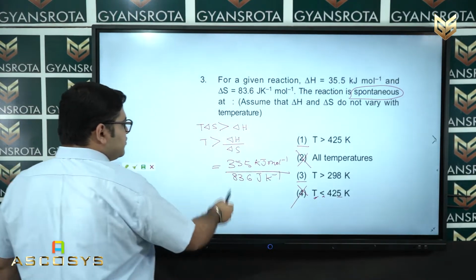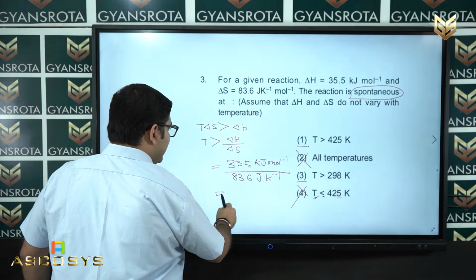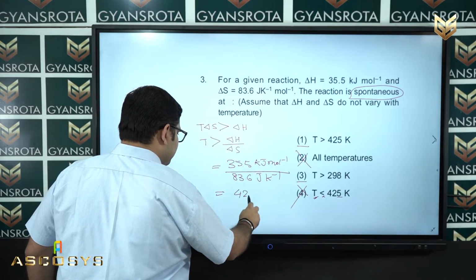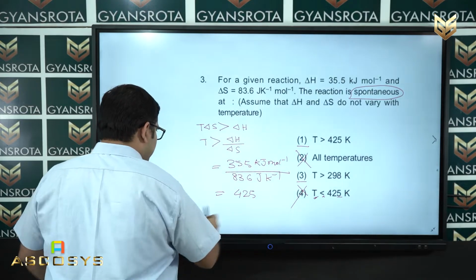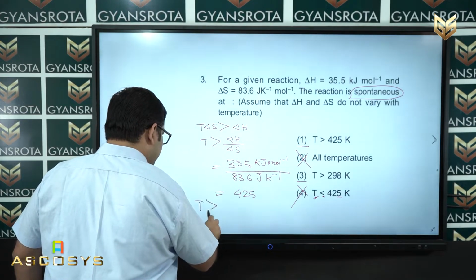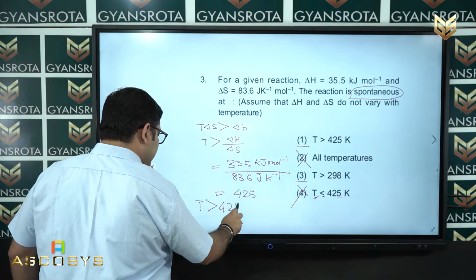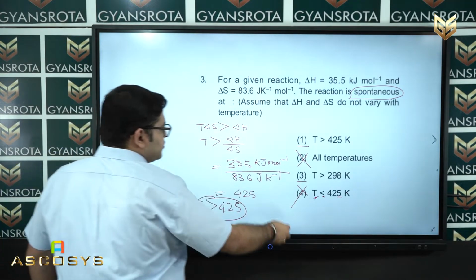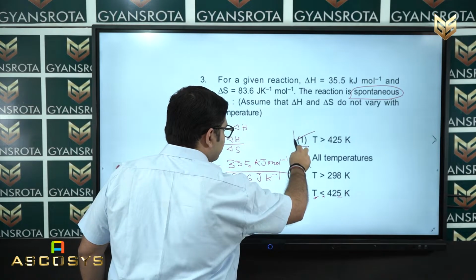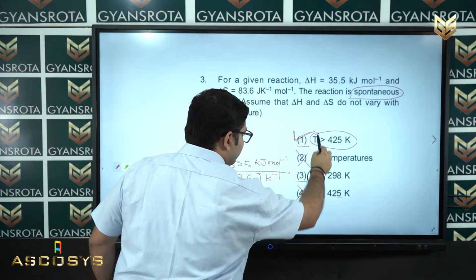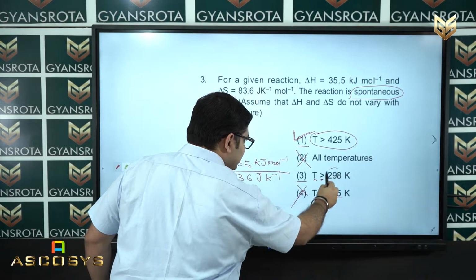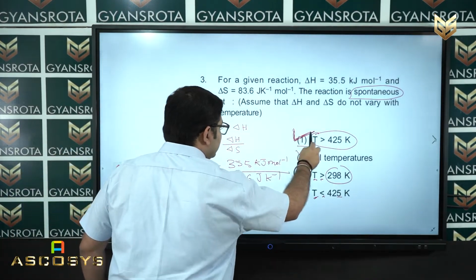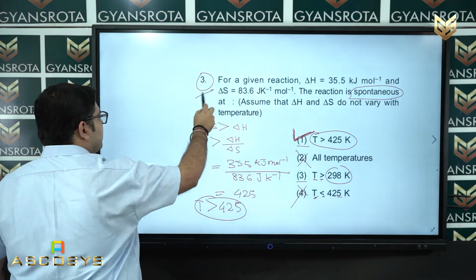Now if you solve this, you will get 425, meaning this T will always be greater than 425. See, in the options, option number 1 has T greater than 425, here also T is greater than, but this value is not matching the calculation. So option number 1 is the correct answer of question number 3.